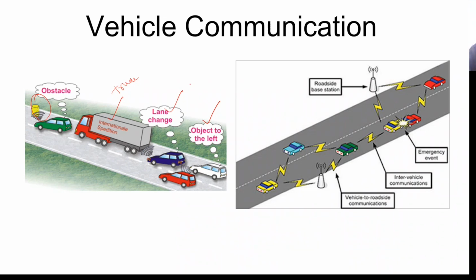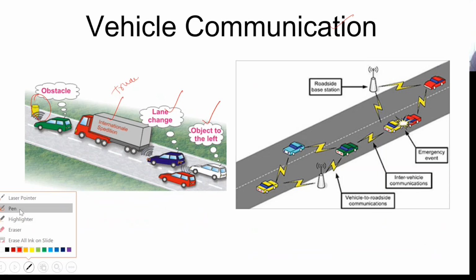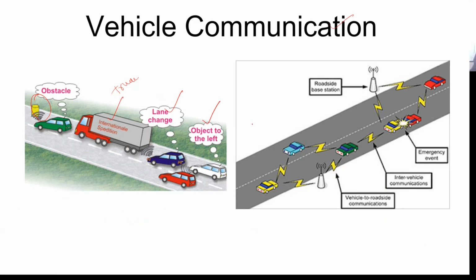Now how can this be happening? You can see here there is an emergency event, which means an accident, with inter-vehicle communication and vehicle to roadside communication. You can see that there is an accident.